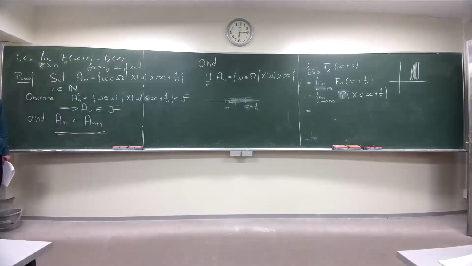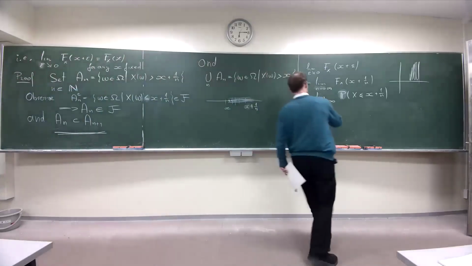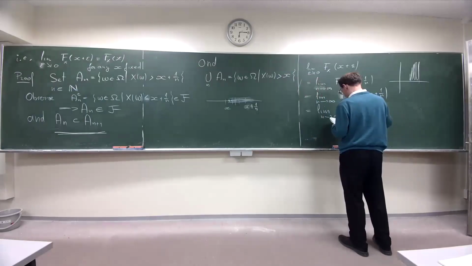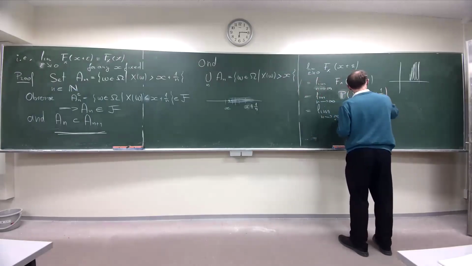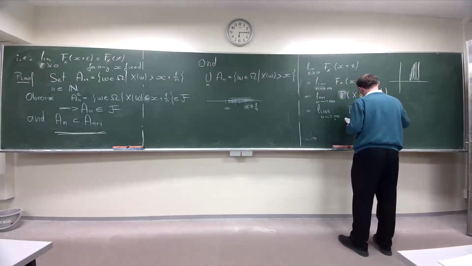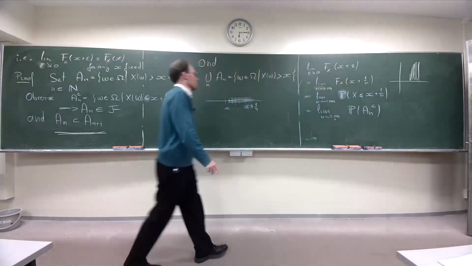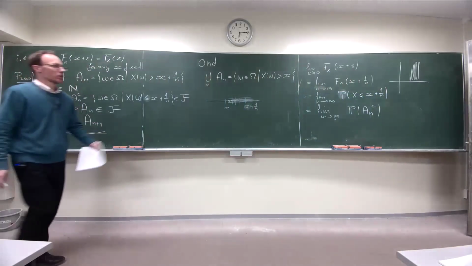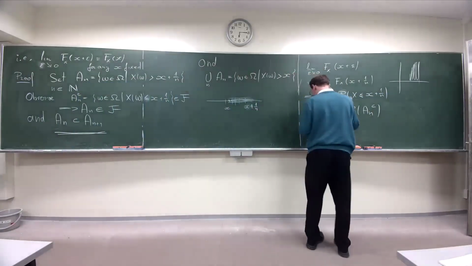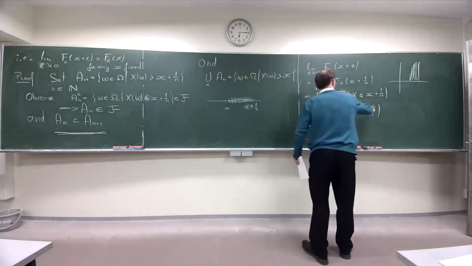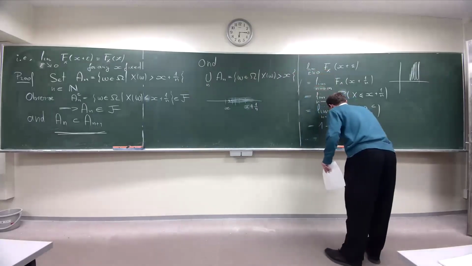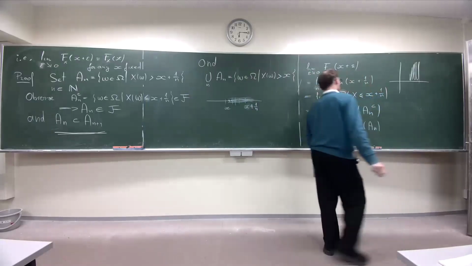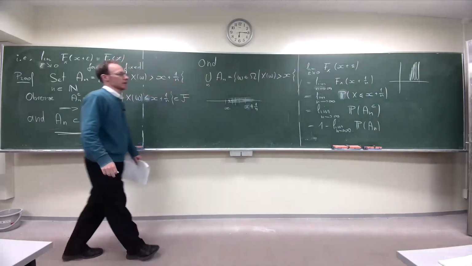You can rewrite this as the limit as n goes to infinity of P of the complement of A_n first. It's still written here. And the complement is 1 minus the limit as n goes to infinity of P of A_n.